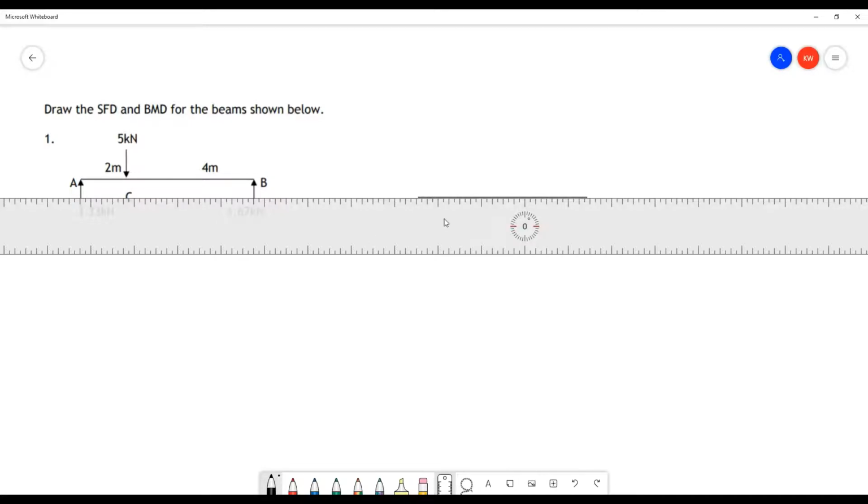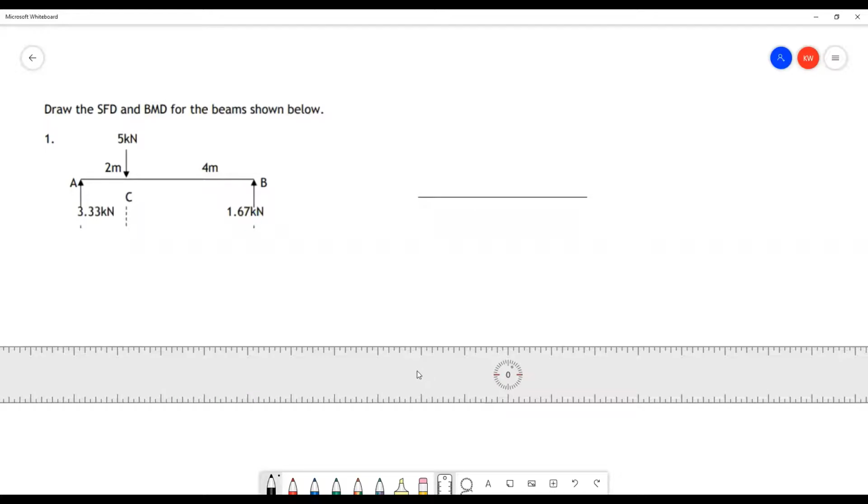So this represents the beam and the forces applied to it. At either end, if it's on the line itself, we're saying this is zero forces applied, and we'll mark all our forces relative to this line.